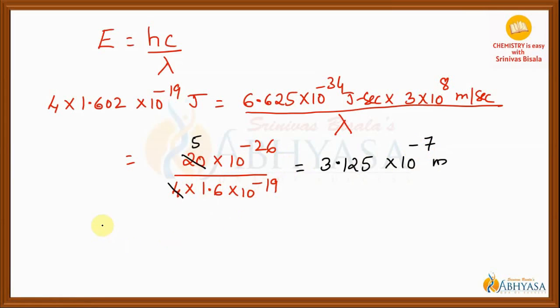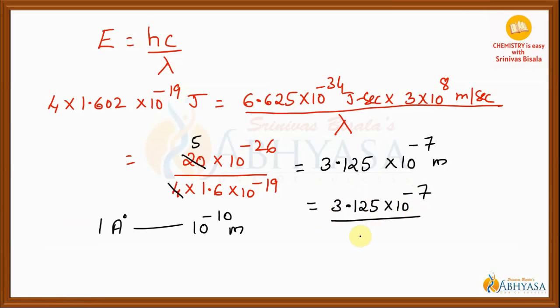And we know that 1 angstrom unit is equal to 10 power minus 10 meter. To convert the value of wavelength which we got in meter into angstrom units, we need to divide by 10 power minus 10 meter.